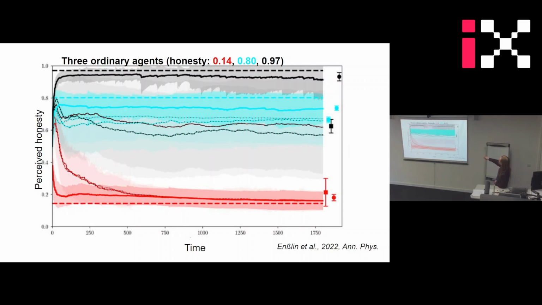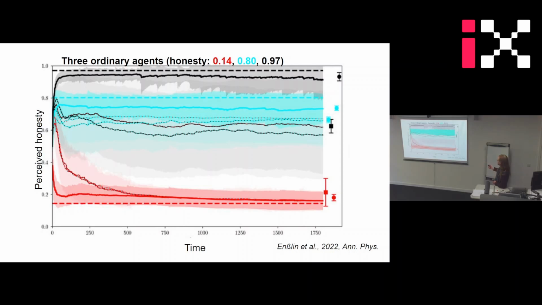So if you look at the black one instead, there's a dashed line, that's the ground truth. The fat line is the self-perception. So black is nearly always telling the truth. It thinks it's nearly always telling the truth, but the other ones are down here, by the way. So nobody else thinks that black is telling the truth.